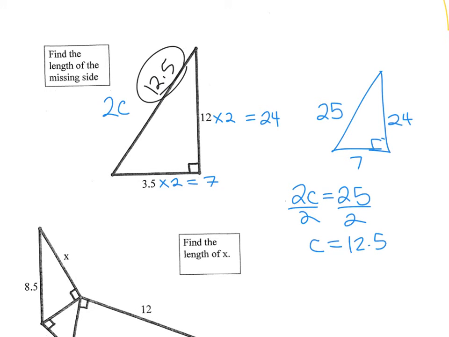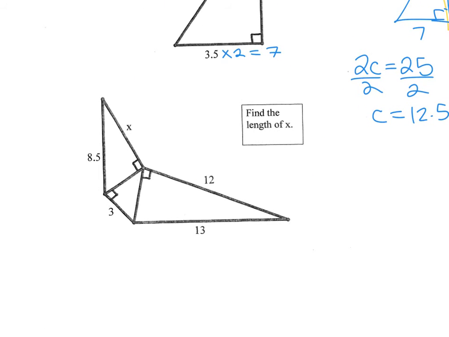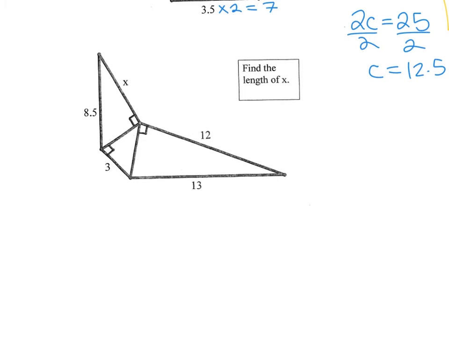All right, next one. So there's going to be some figures that are combined together. If you look, you do have 3 right triangles within this figure. So let's start to figure out which triangle we can solve for. So when I look at this, I look at them all and I say, you know what? This one, I have 2 sides with numbers.